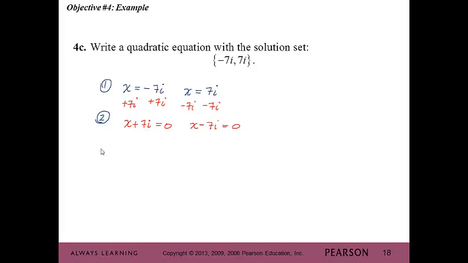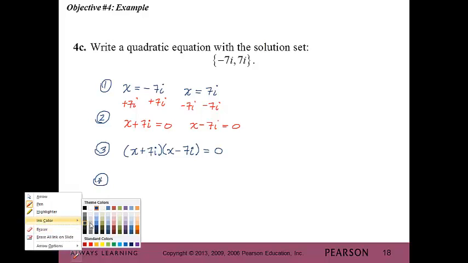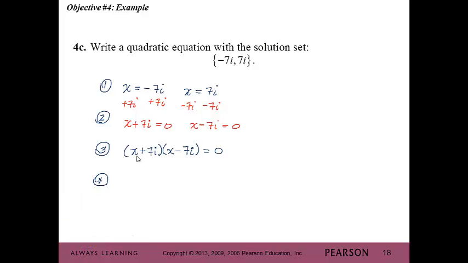Step 3 is the zero product principle in reverse. So now x plus 7i times x minus 7i equals 0. And then of course our last step is to multiply it out. So use FOIL. So x times x, which is x squared.